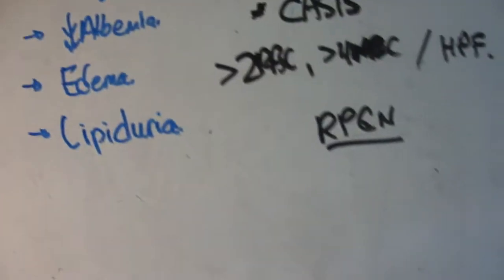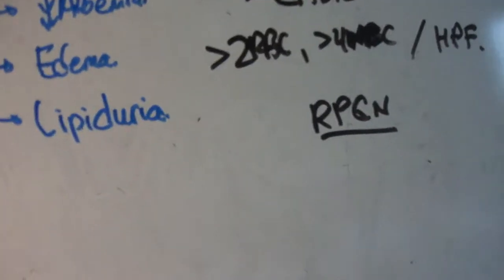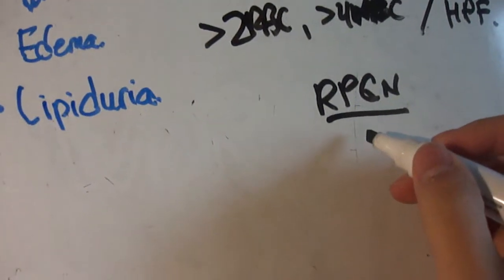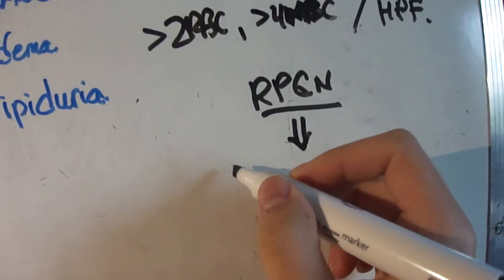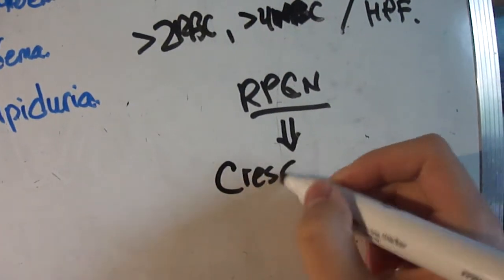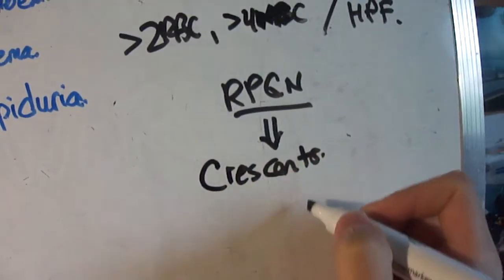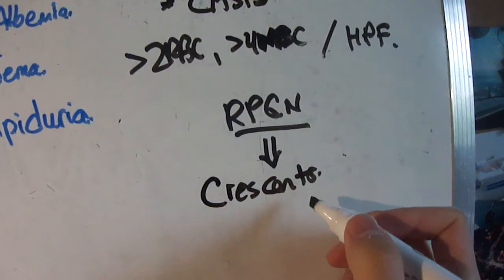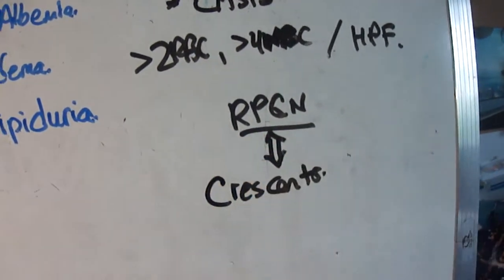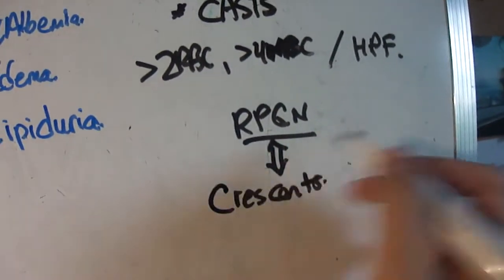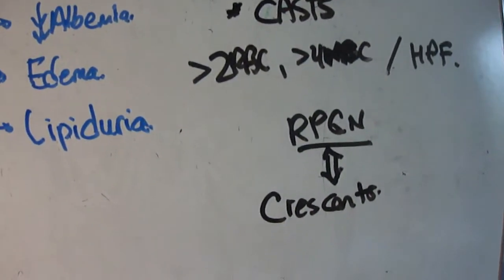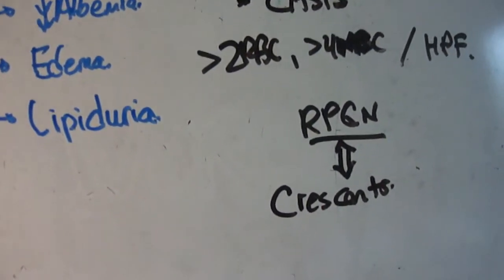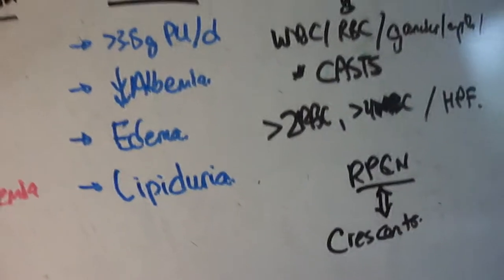What this really means is, by the Robbins pathology textbook at least, when you biopsy it, you're going to see crescents. So when you see crescents, it's very likely that this person has an RPGN. It's pretty much saying the same thing. An RPGN is where you have a GN that is RP and has crescents.